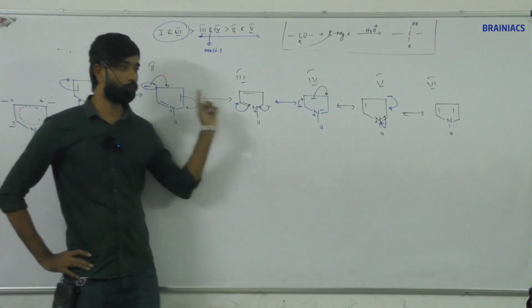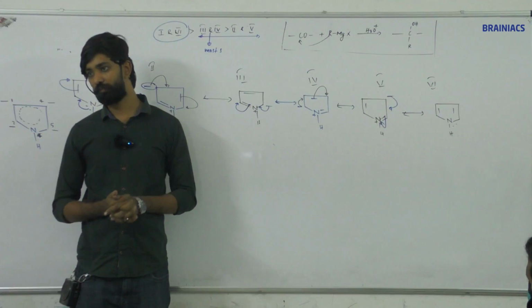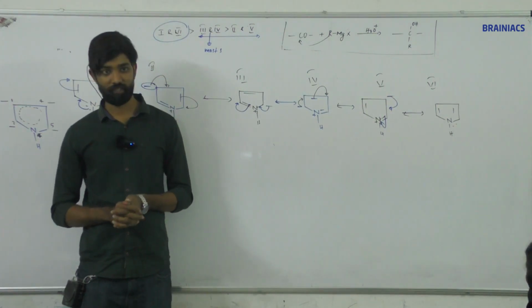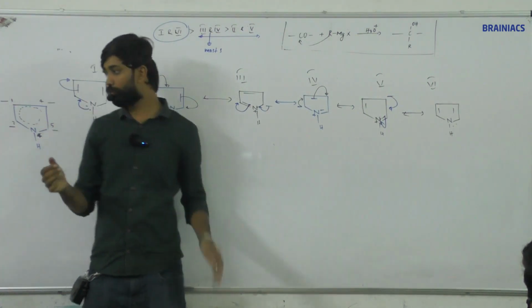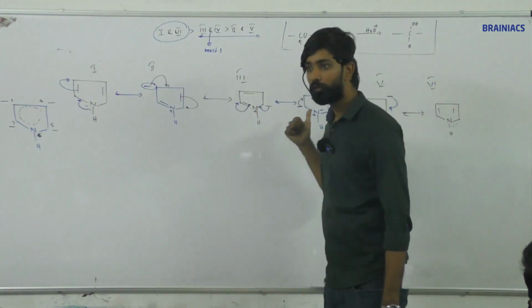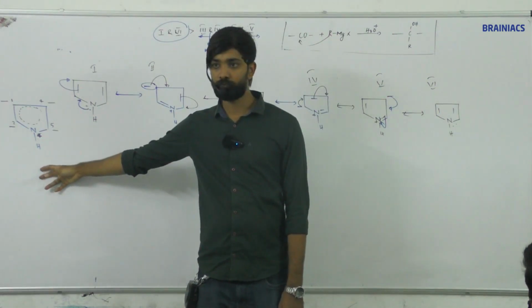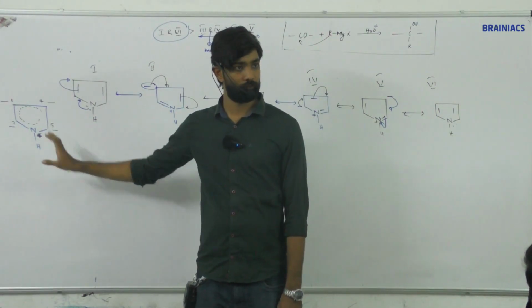These all are contributing structures. Canonical structures which have a definite contribution to form the hybrid. These all are hypothetical structures. Okay, the real molecule is like this. The real molecule is a hybrid, okay?